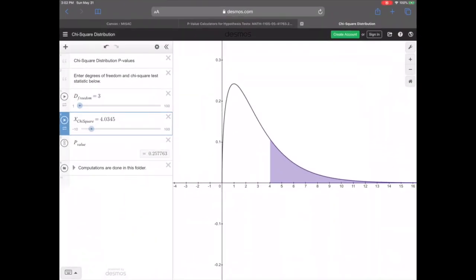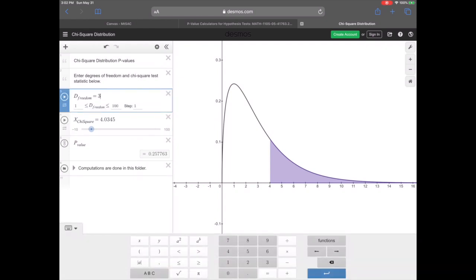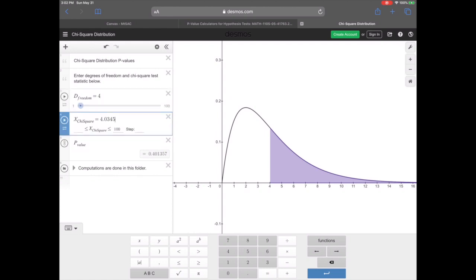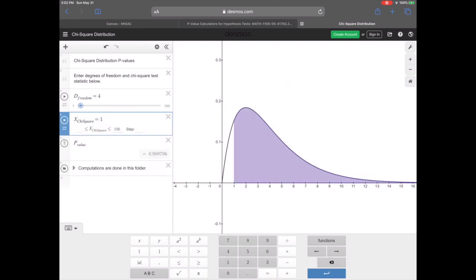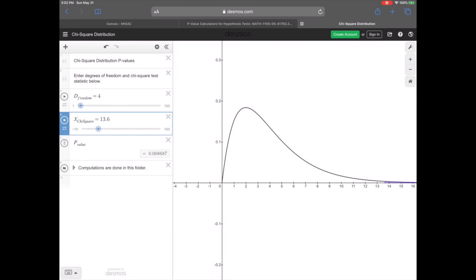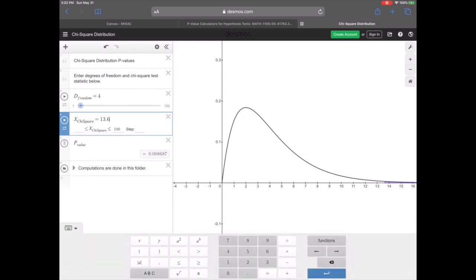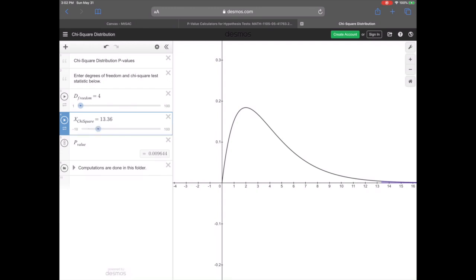This is our Canvas page. Just change the degrees of freedom to 4, like that. And then the test statistic, I think we're making 13.36. Okay, now you can kind of see there's a tail shade. Oops, that's wrong. Hang on. 13.36 is better.